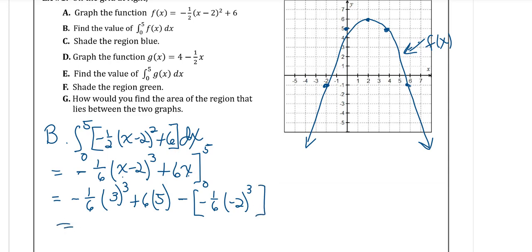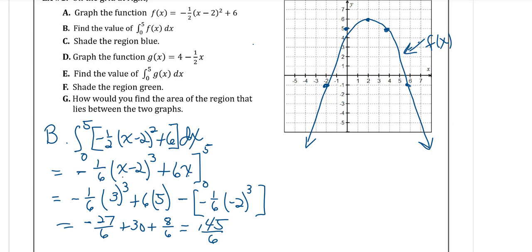So simplifying this, I get negative 27 over 6 plus 30 plus the second term ends up being 8/6, and simplifying that, I get 145 over 6.